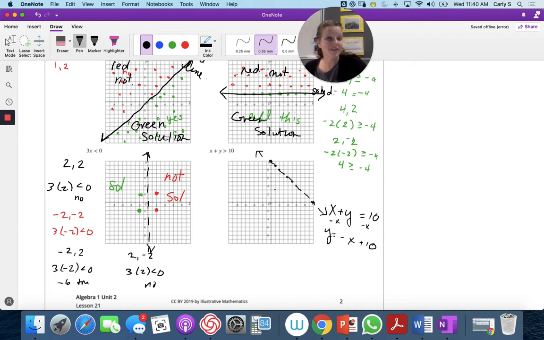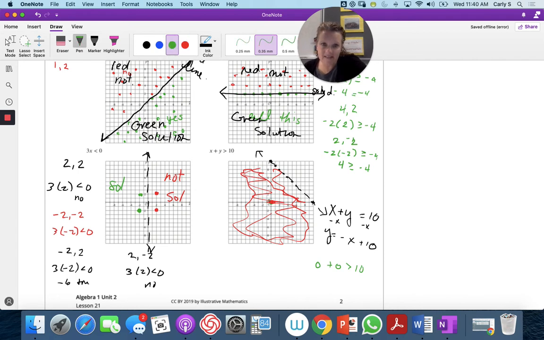I made that dashed on purpose. I did. All right, I'm going to test 0, 0. 0 plus 0 greater than 10. Is that true? No. Okay, so that means all of this I would shade in red.